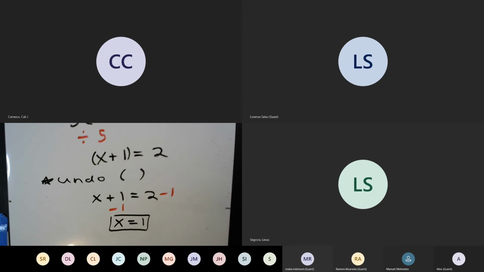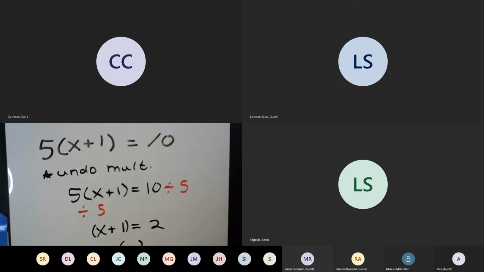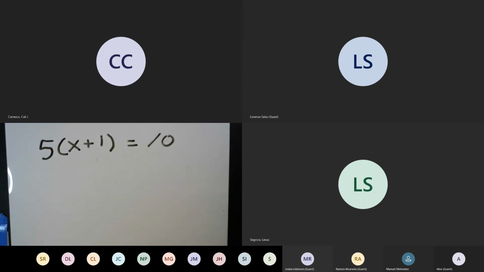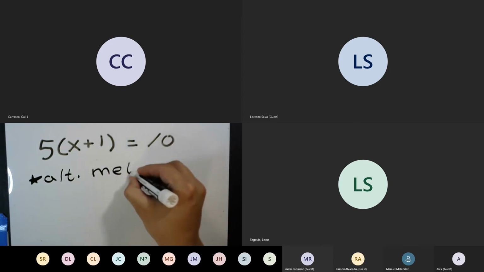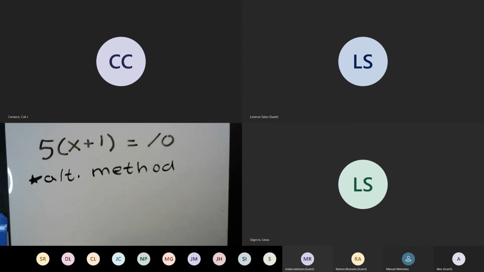Now, there's another way of doing this problem. I want to go through that method too. And this is kind of an interesting approach. But what we could do for an alternative method is we can distribute.